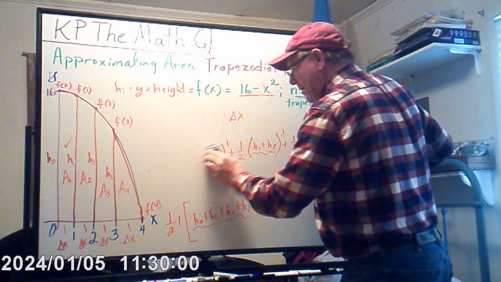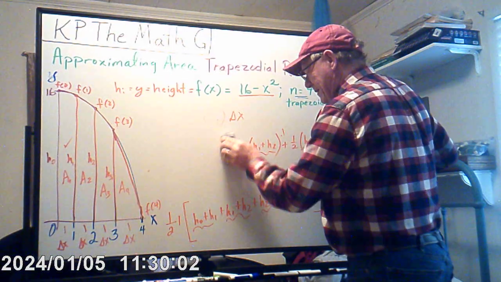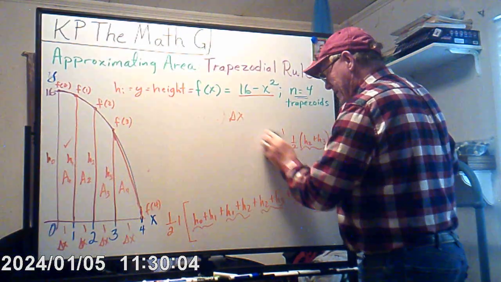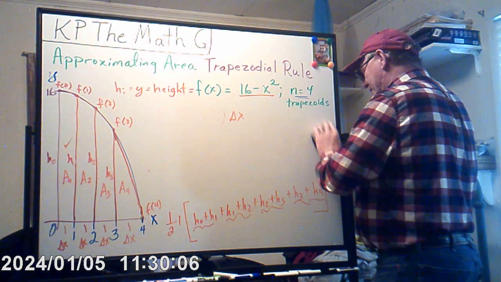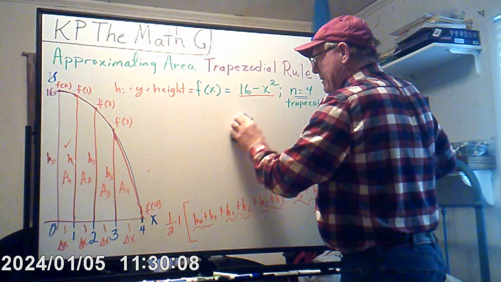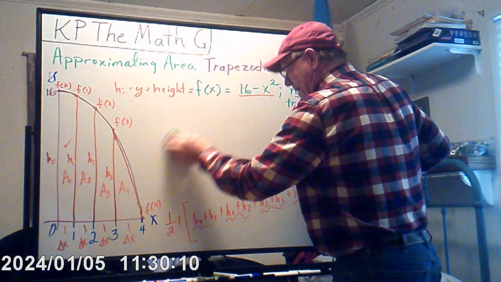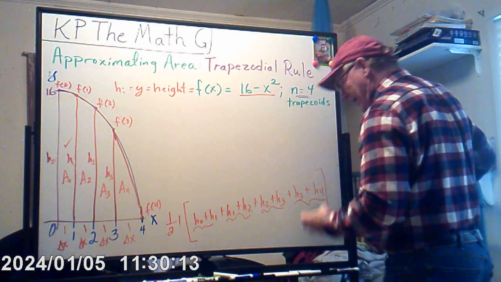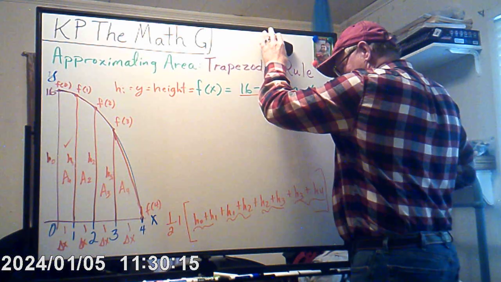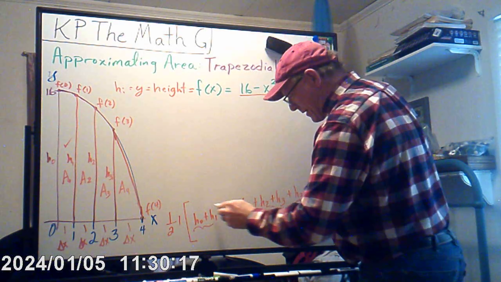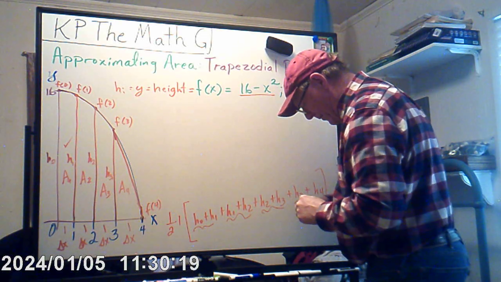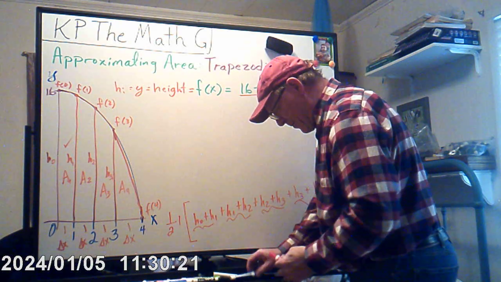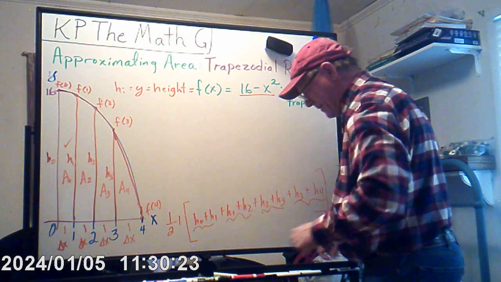I want you to see it all from this side. Maybe I'll use a different color also. So that's your trapezoid right there. But we can combine some terms. Look at this right here. I'm going to get a different color. Bear with me, guys and girls.